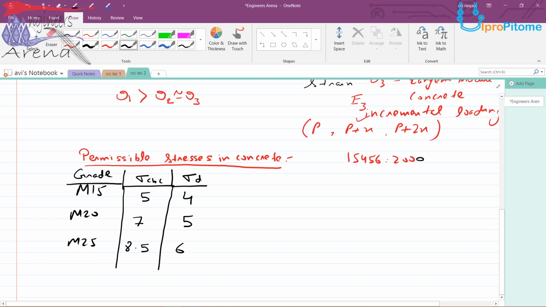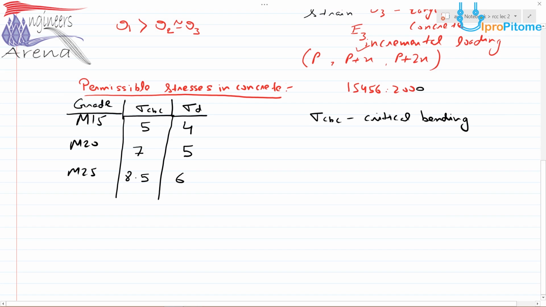Now my question is, what is sigma CBC? Sigma CBC is, first, sigma C is critical bending stress in compression.